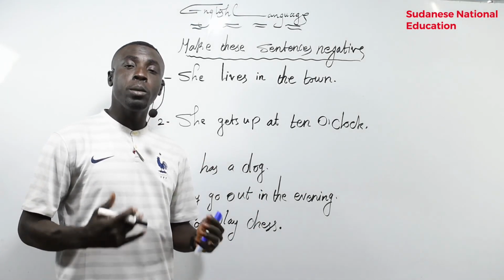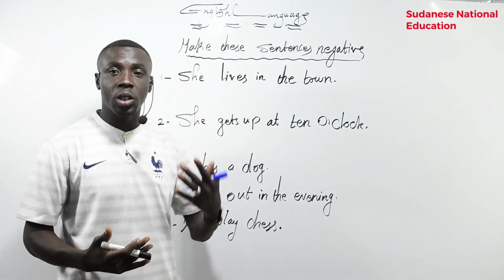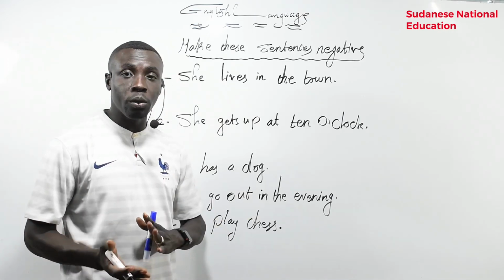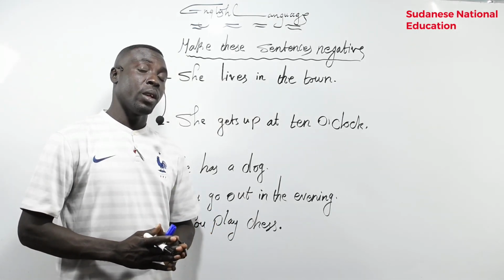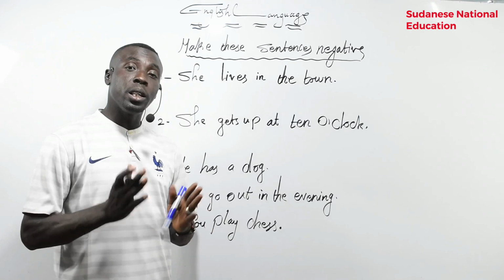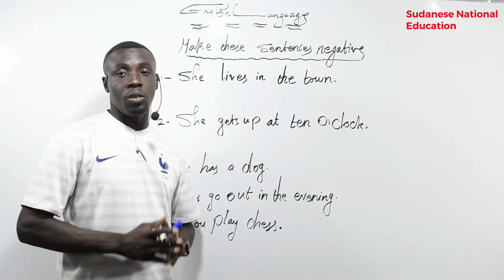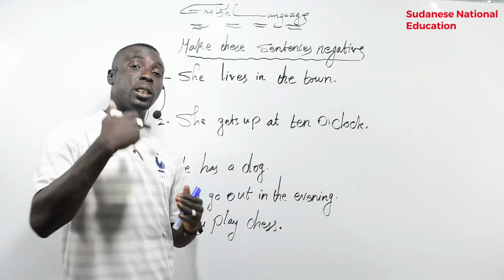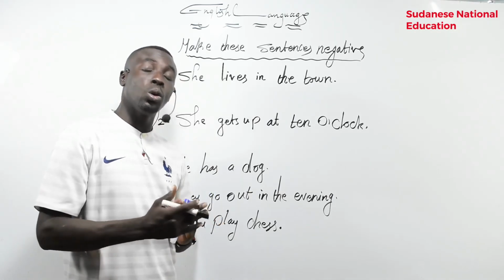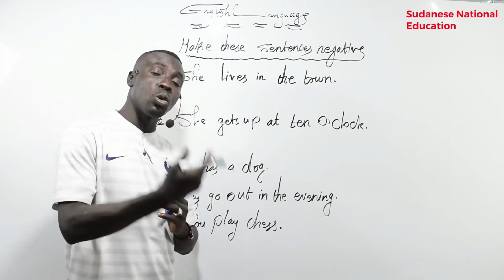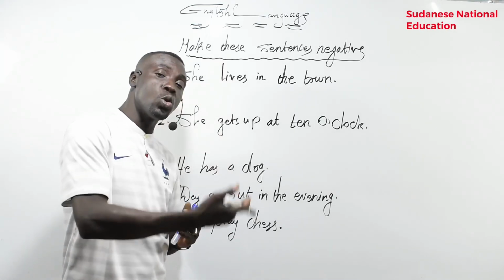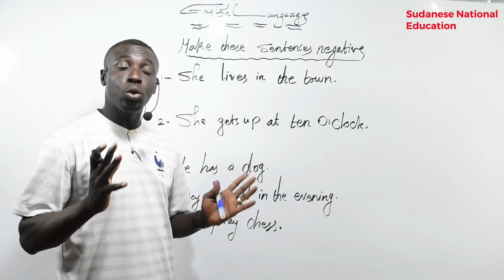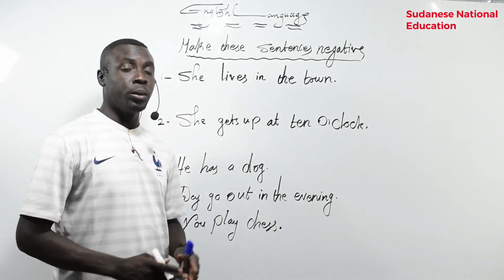We said that we make them by using doesn't and don't after the subject, and the verb is always infinitive. When we use the negative word doesn't or don't, the verb is usually infinitive. We use does and do to make questions too.